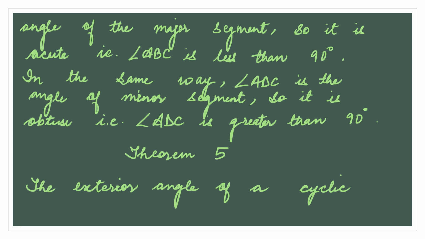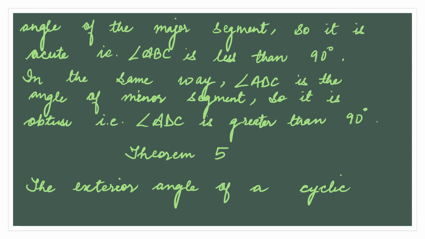That is, angle ABC is less than 90 degrees. In the same way, angle ADC is the angle of the minor segment, so it is obtuse. That is, angle ADC is greater than 90 degrees. Now coming to theorem 5, children.